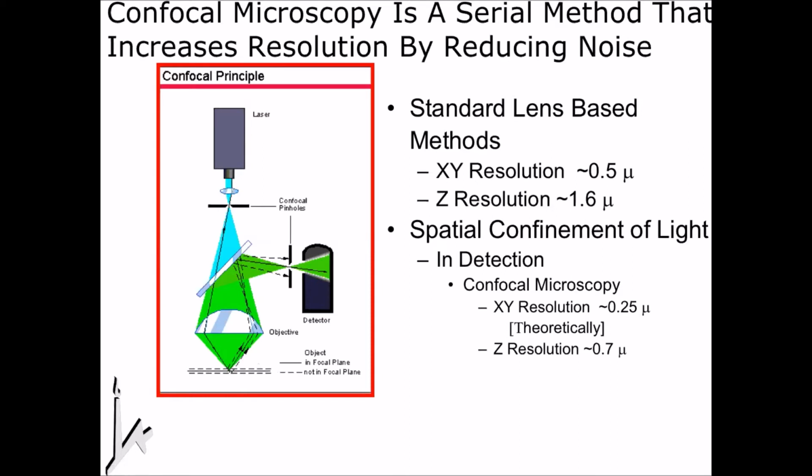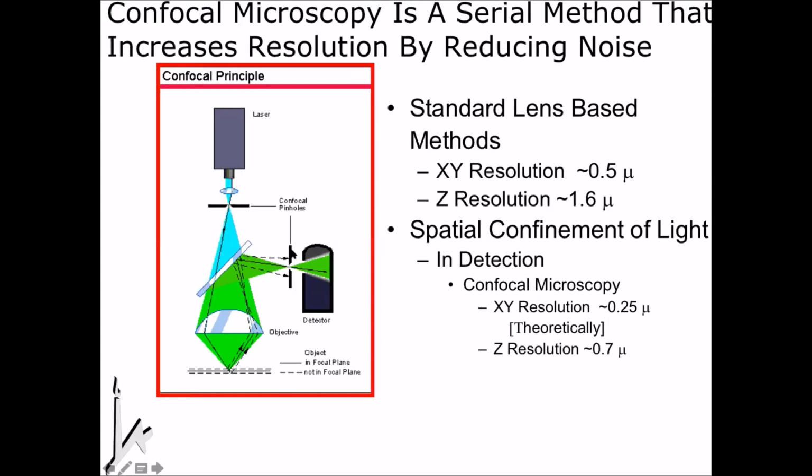Now, you don't change the lens at all. All you do is you put an aperture before the detector, which is just a photomultiplier. And what happens is that you are able to select, say, the plane, which is this heavy line, and not the broken line.